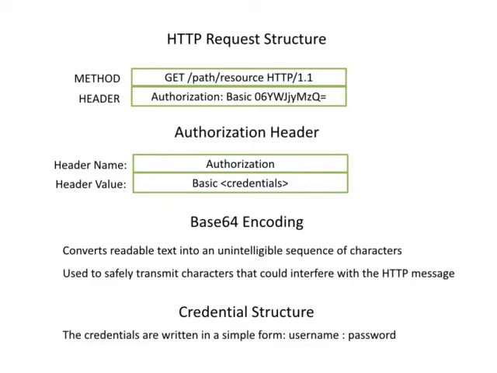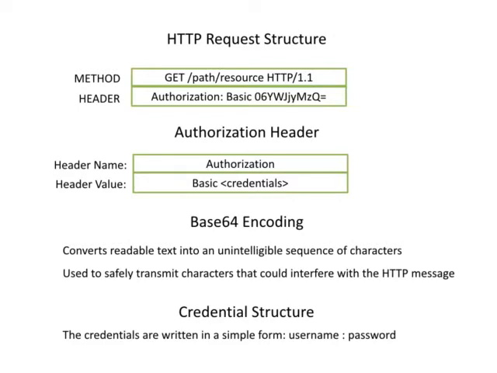Following the first line, the subsequent lines of the request are header lines, and each header has a specific meaning and name. A header has a name and it has a value or content.